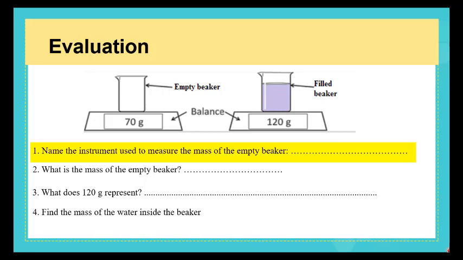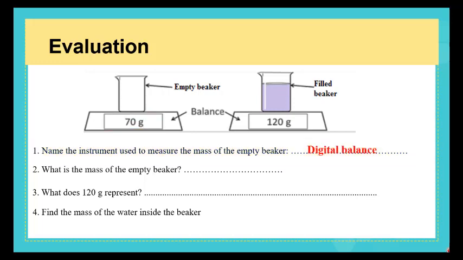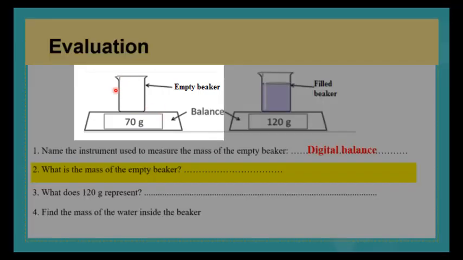Number 1, name the instrument used to measure the mass of the empty beaker. Because it gives a numerical value, then it is a digital balance. Number 2, what is the mass of the empty beaker? This is the empty beaker, and the balance indicates 70 gram.